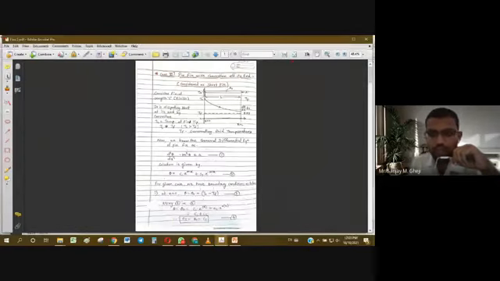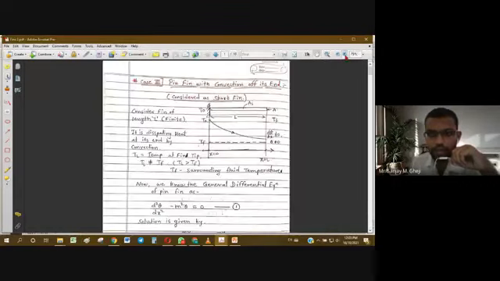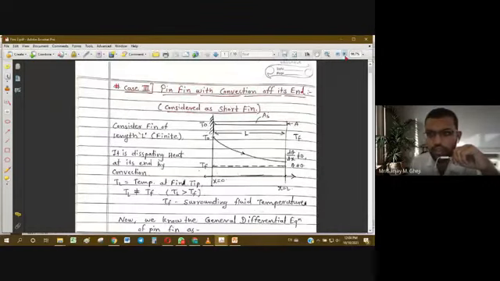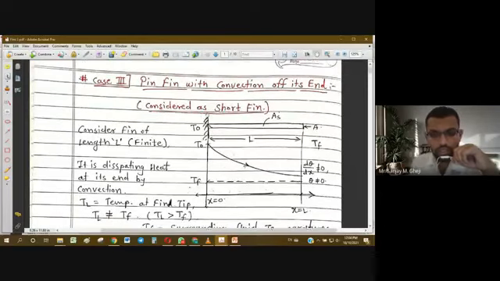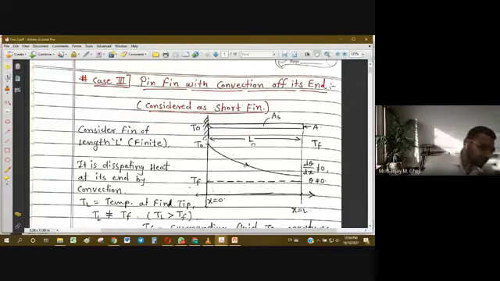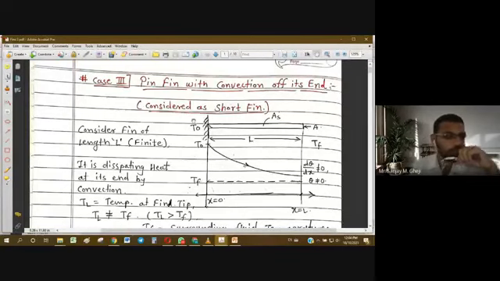Now there is a third case. Let us quickly go through this third case. The third case is fin with convection at its end, meaning convection from its end. It is also considered a short fin. So the length of the fin will be very practical in nature, and in general these types of fins are used in practice.